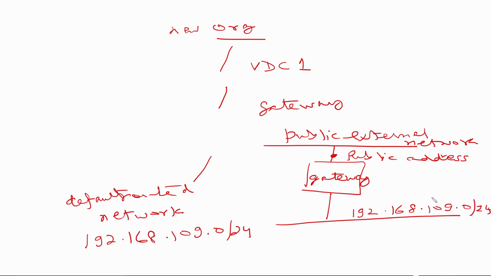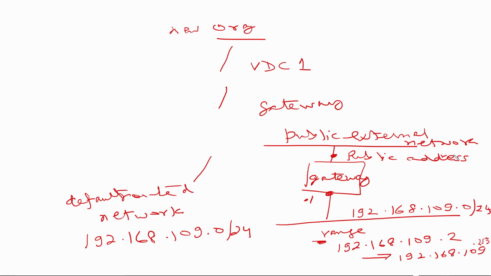The gateway address is .1, and the range is 192.168.109.2 through 192.168.109.253. I believe they leave it at 253. Not exactly sure why, but we can verify this.